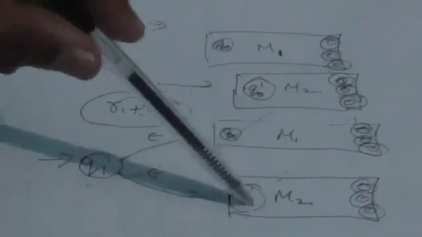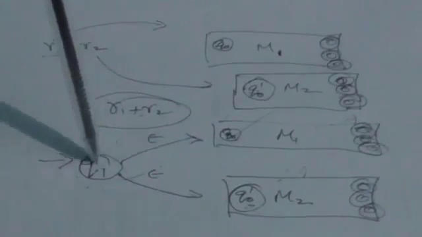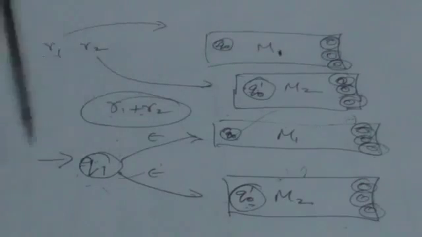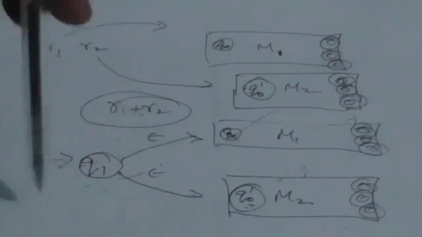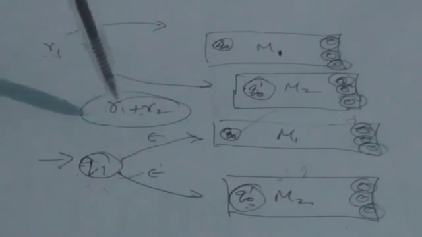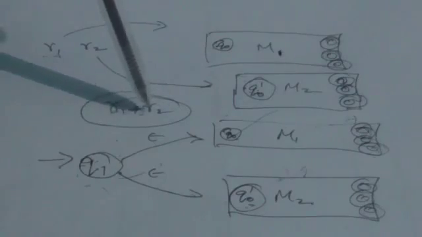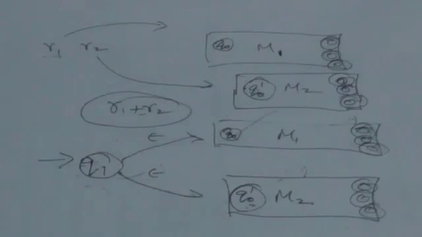Then on reading the string, it will jump to the final state of M2, which are also the final states of this newly designed finite automata. So in this way, the strings which belong to the regular set represented by R2 will also be accepted by this newly designed finite automata.